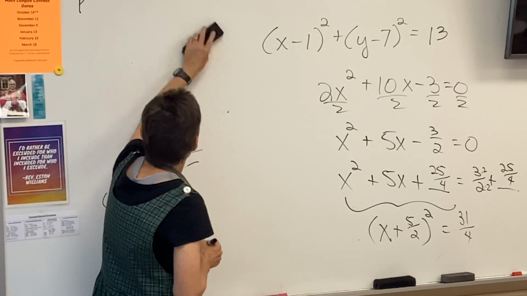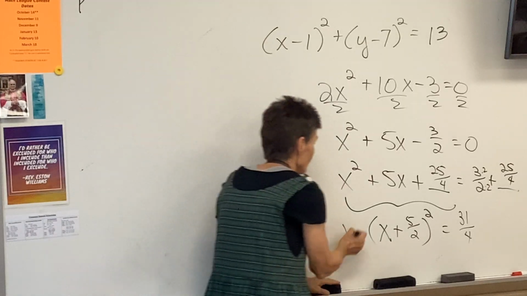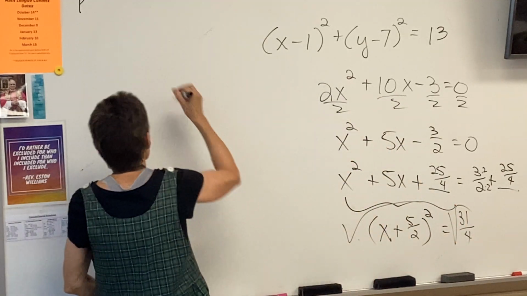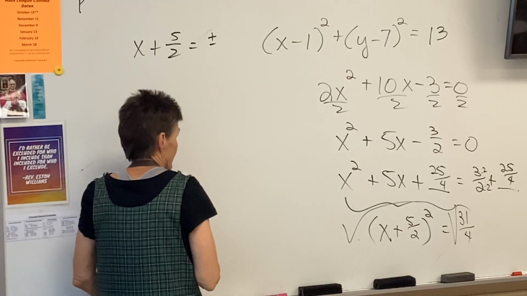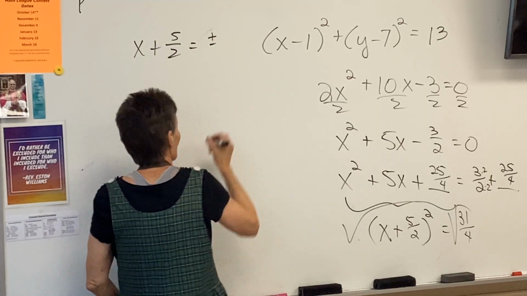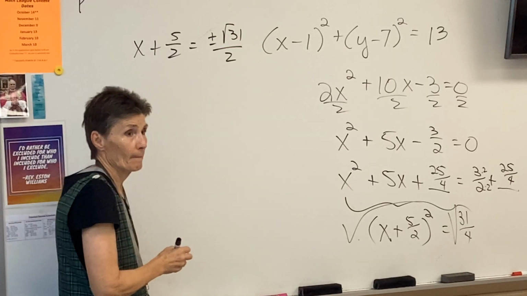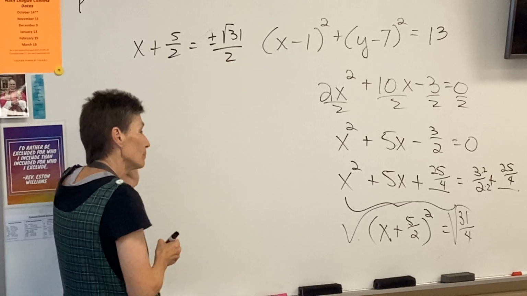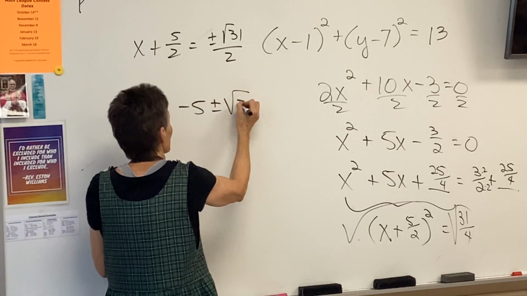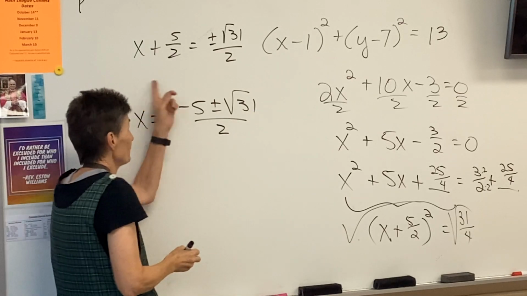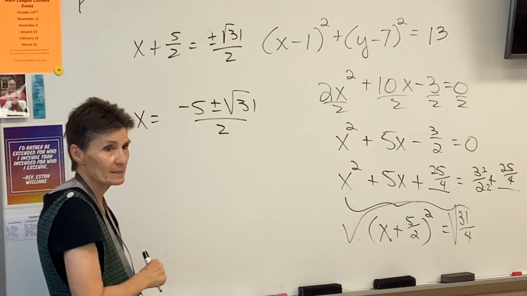Now what? Square root. Remembering, of course, that over there I gotta make plus or minus. And that would be root 31 over 2. And then x equals -5 plus or minus root 31 over 2. I went ahead and put them together because they have the same denominator. You can leave them as separate pieces if you like.